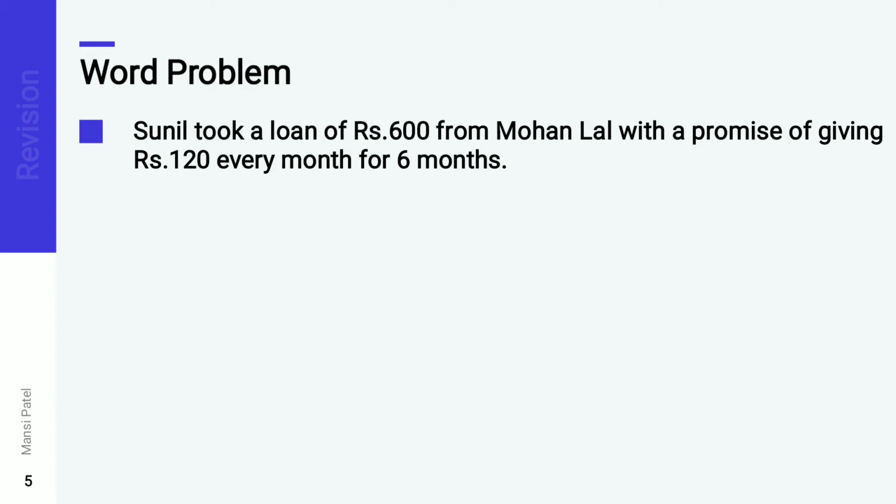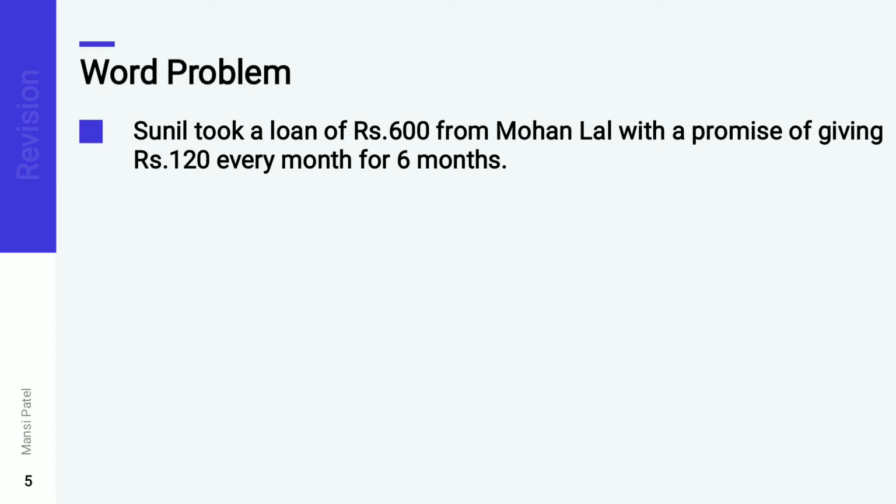So he took a loan from Mohanlal. When Mohanlal gave rupees 600 to Sunil, at that time Sunil promised Mohanlal that each month, or we can say every month, he is paying rupees 120.